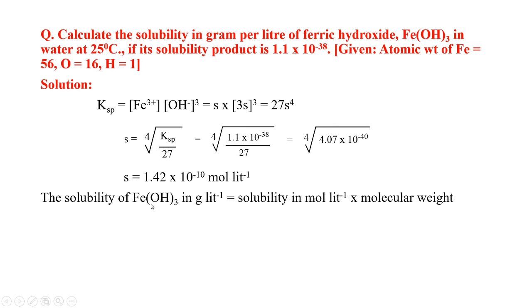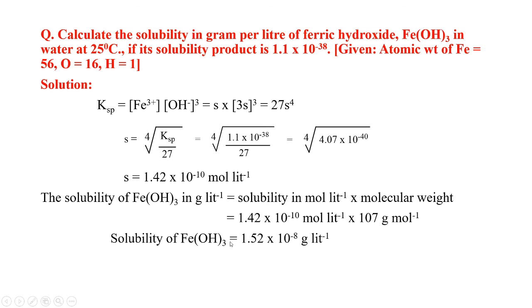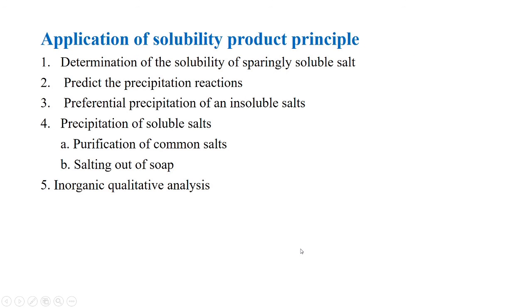Now, the solubility of Fe(OH)3 in gram per liter is equal to solubility in mole per liter into molecular weight. So solubility is 1.42 into 10 raised to power minus 10 into its molecular weight. Molecular weight is 107 gram per mole. So the solubility of ferric hydroxide is equal to 1.52 into 10 raised to minus 8 gram per liter.